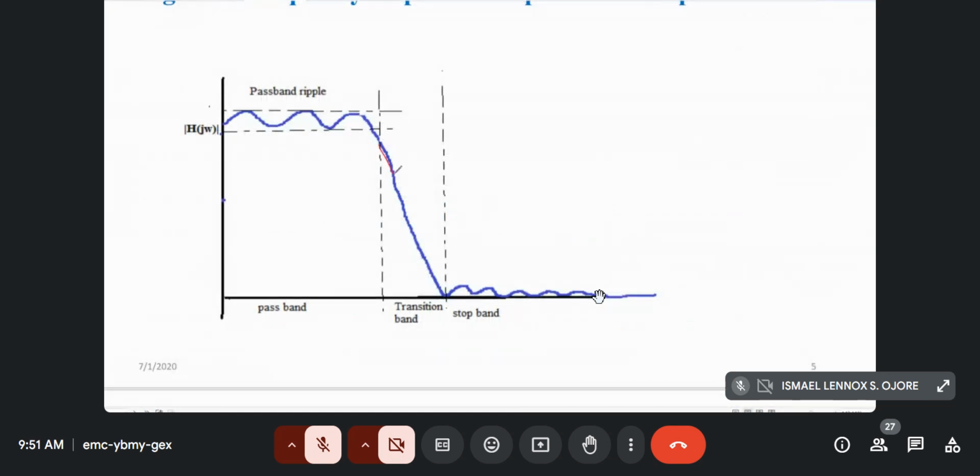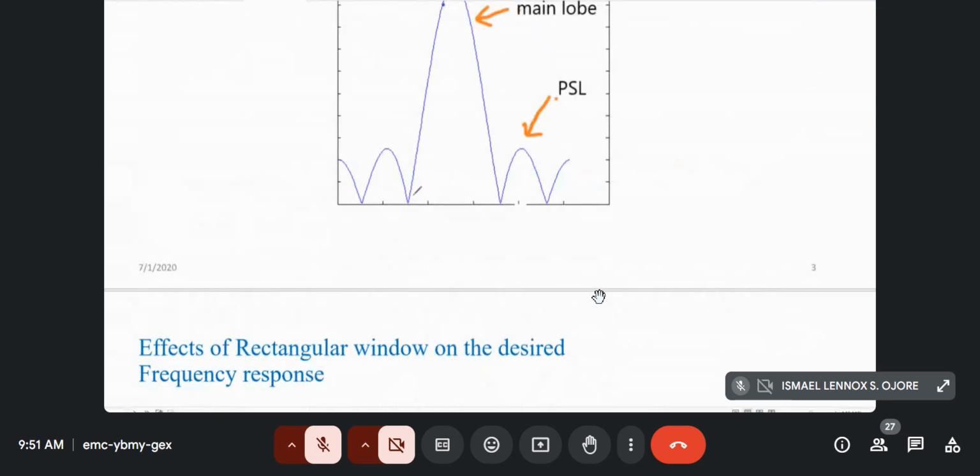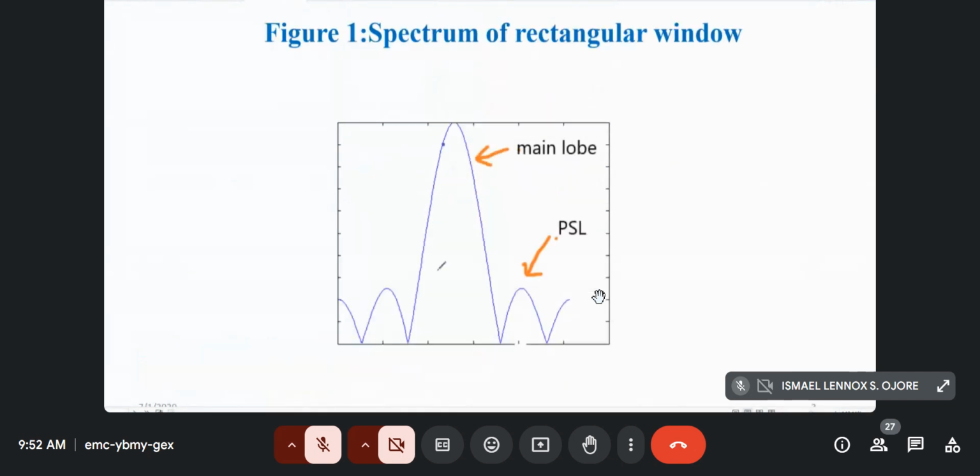This transition is determined by the size of this lobe. So it should go as close as possible to a Dirac delta. It should be like this.